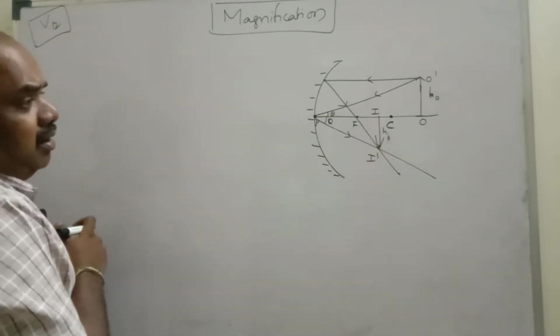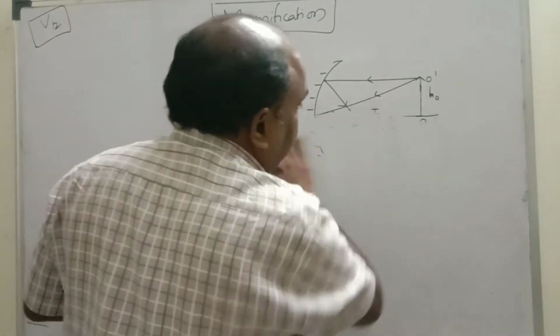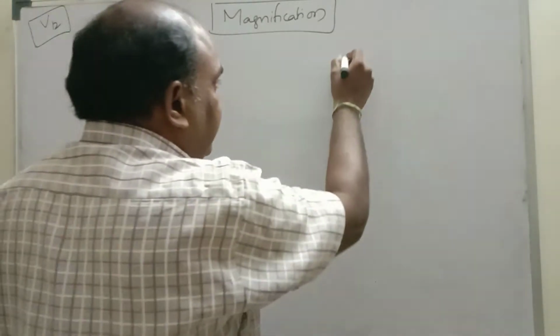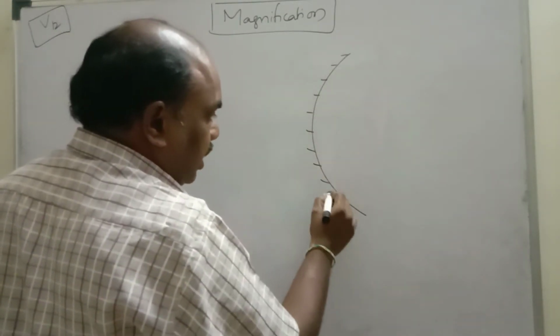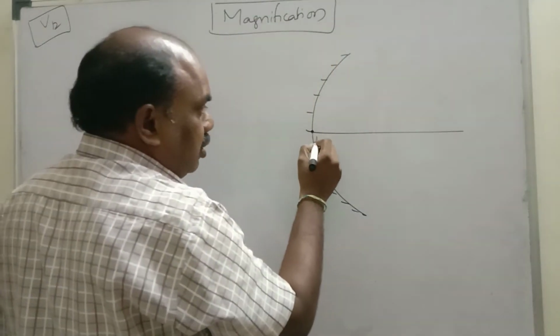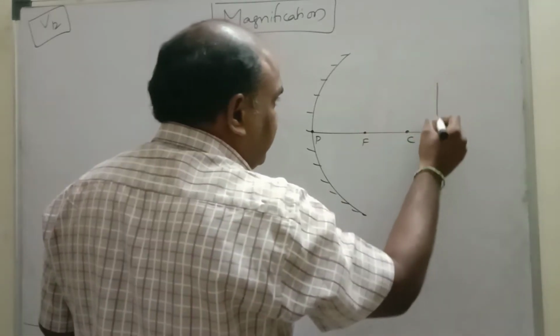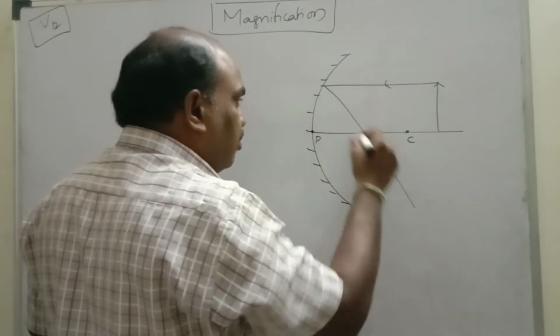Now observe children, once again I will draw this diagram, somewhat bigger. This is a curved surface. This is the silver mercury amalgam, we call it a concave mirror. This is the principal axis, geometrical midpoint, focus, center of curvature. I kept an object here, a parallel incident ray, after reflection goes through the focus.